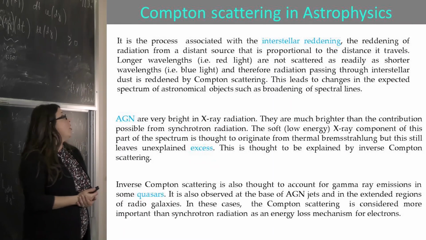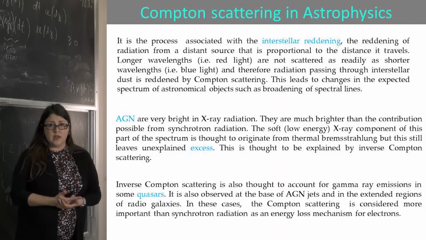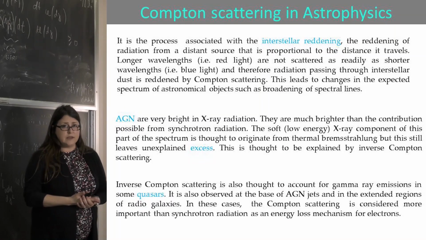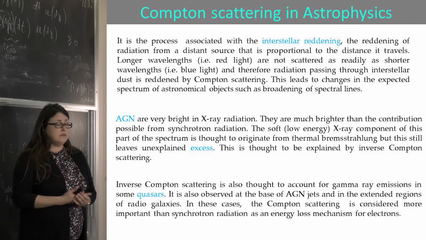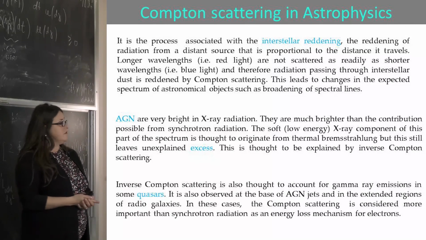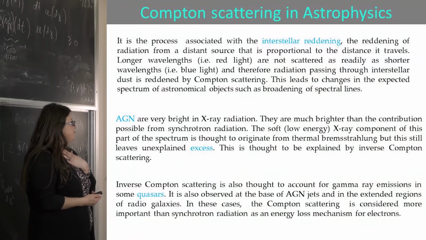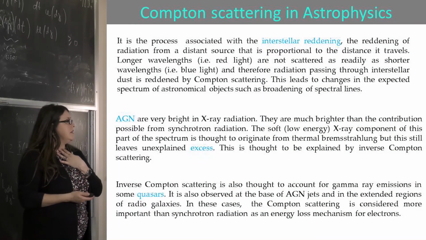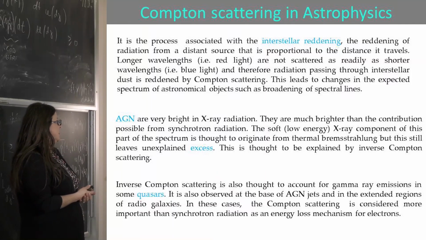Another example of Compton scattering in astrophysics is found in the AGN. AGN are active galactic nuclei. They are very bright in the X-ray radiation, but there is an excess of X-ray emission, in particular the soft component of X-ray, which cannot be explained from Bremsstrahlung. And we think that this can be instead explained by Compton scattering.